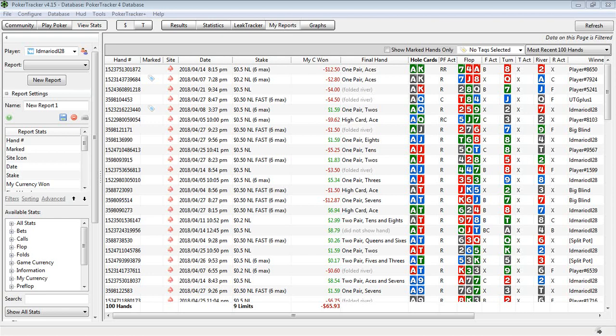I'm going to be doing a 2 hour study session today in preparation for a 4 hour play session today. The hands I'm looking at today, I decided to filter hands that I check in position on the turn.